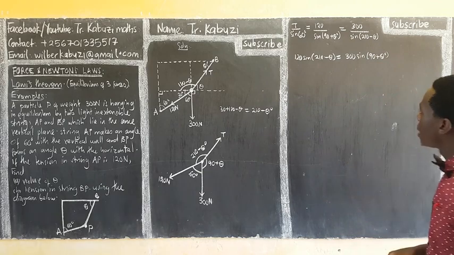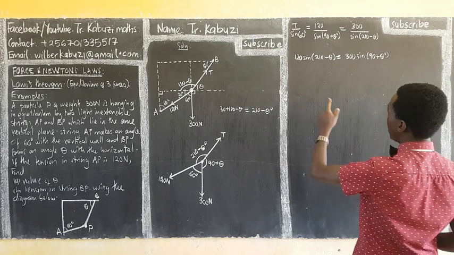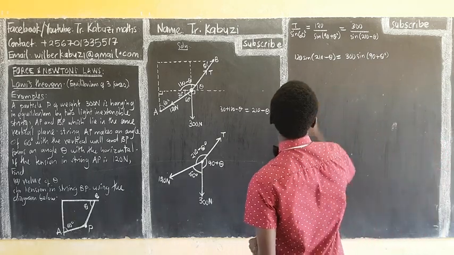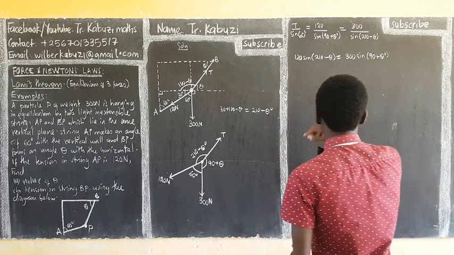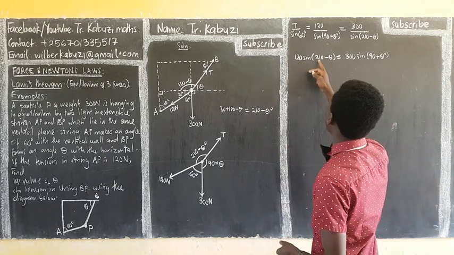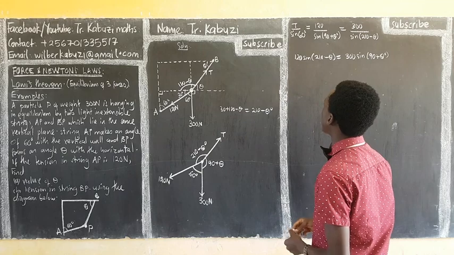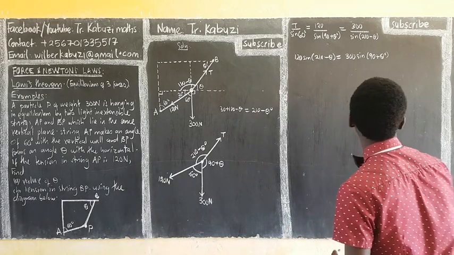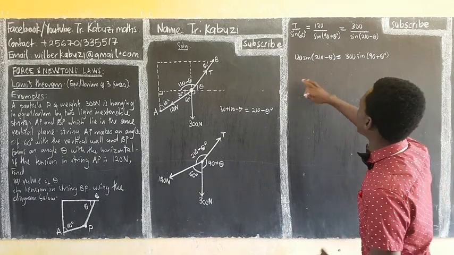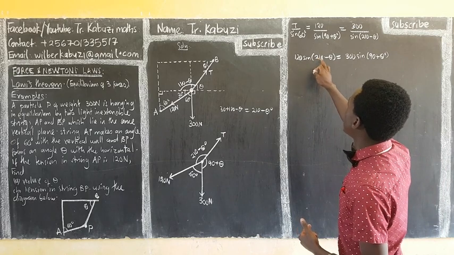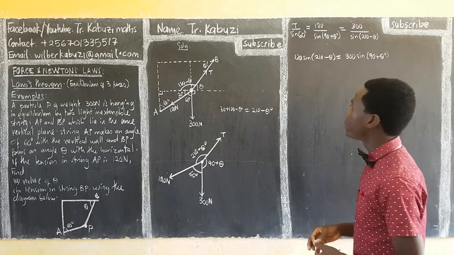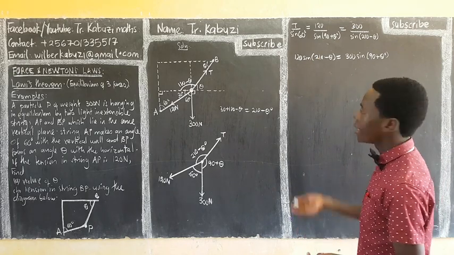I think now we can expand this using the compound angle identity. Or you can separate this, and you know that if I have sine of an angle, you can say this is going to be a sum of angles in brackets so that you can easily get the angle.